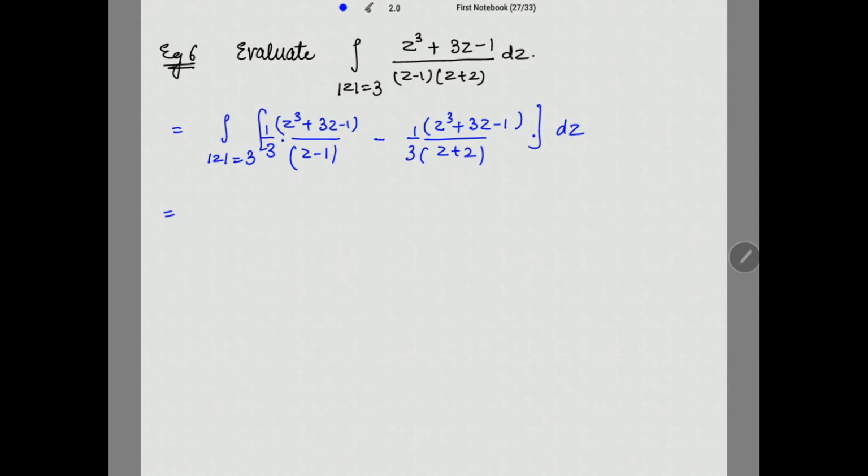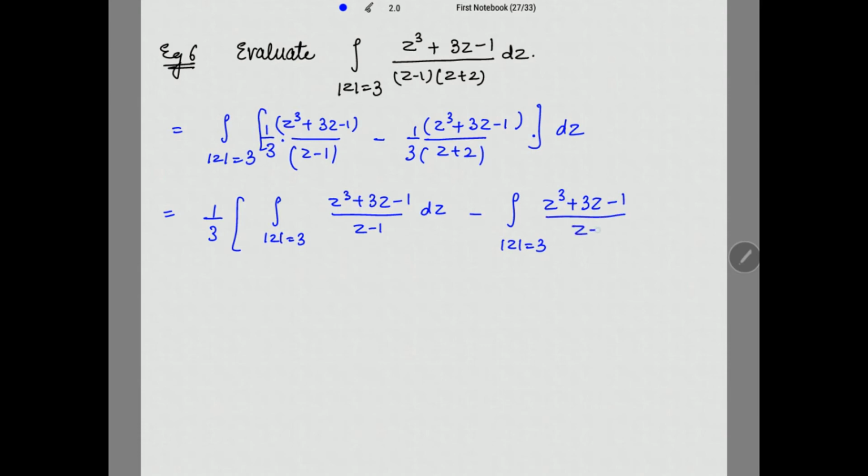Now separating these two, you get 1 over, mod z equal to 3, taking 1 by 3 outside, integral mod z is equal to 3, z cube plus 3z minus 1 over z minus 1 dz, minus 1 by 3, integral over mod z is equal to 3, z cube plus 3z minus 1 over z plus 2.